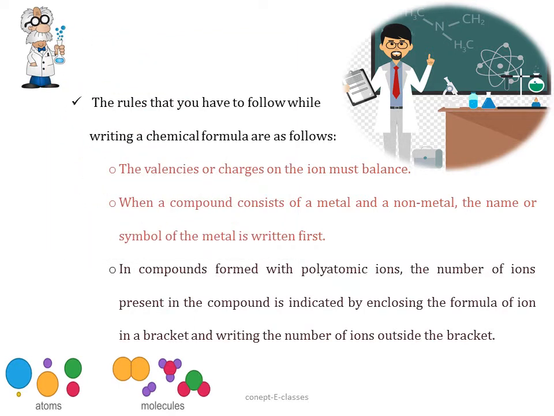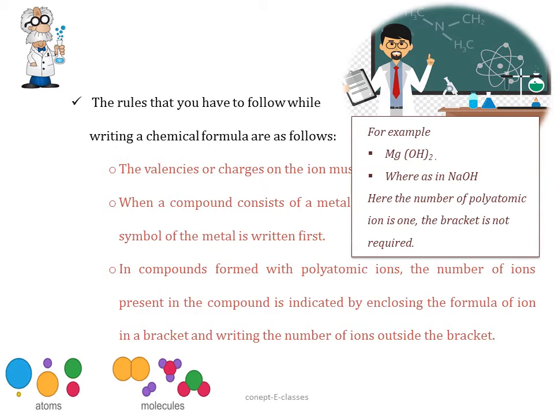Now in compounds formed with polyatomic ions, the number of ions present in a compound is indicated by enclosing the formula of the ion in a bracket and writing the number of ions outside the bracket. For example, Mg(OH)2. Whereas in NaOH, how is it written? The number of polyatomic ions is 1. There is only 1 hydroxide ion.